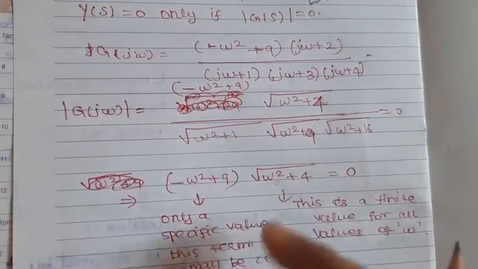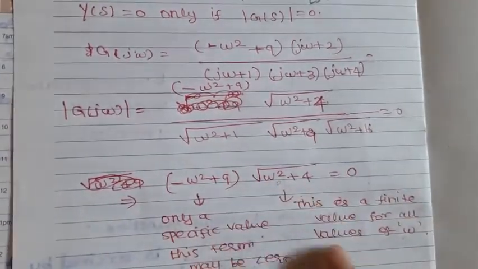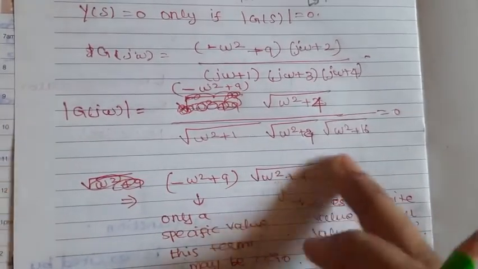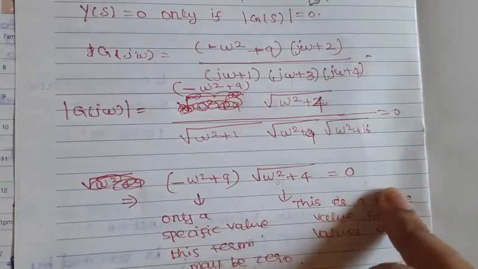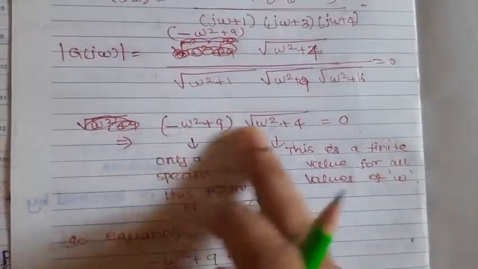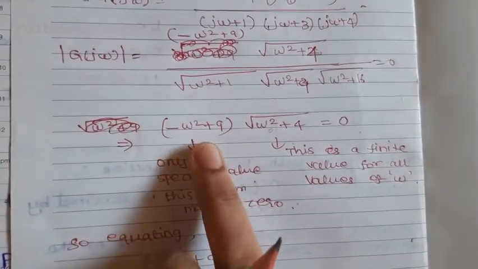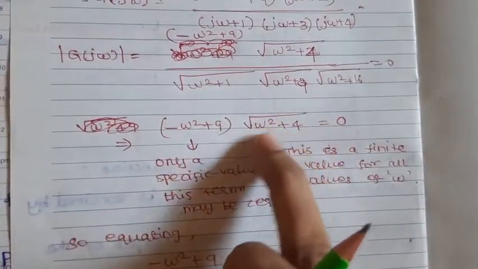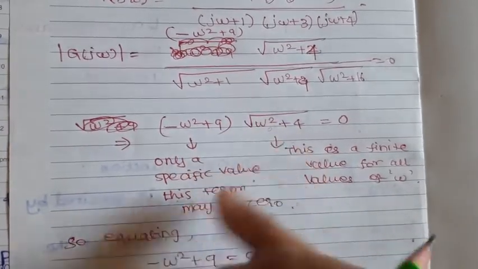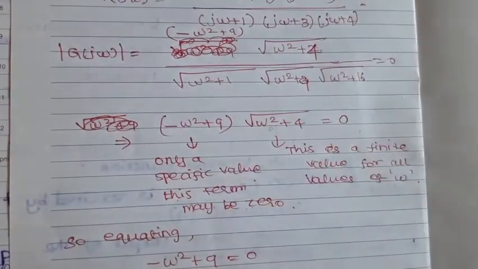So this will not be equal to 0, because this will have a finite value for all values of omega. Even if omega equal to 0, we will get the square root of 4, which is 2 only. So which value becomes 0? Only for a specific value will this term be 0. This term will not be 0 for any value of omega, so we should not equate this term to 0. Can you get me, guys?